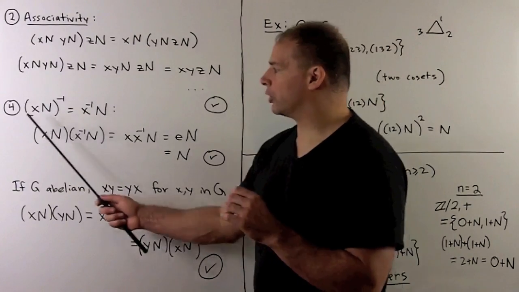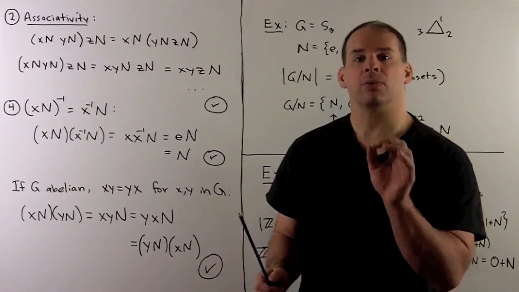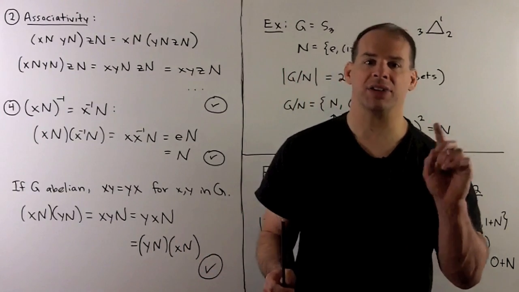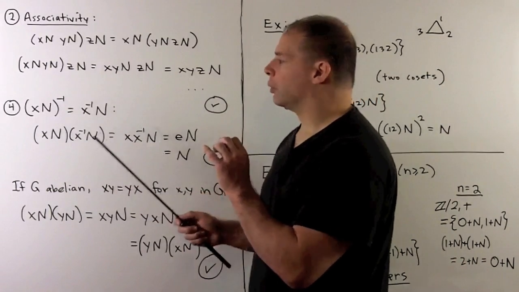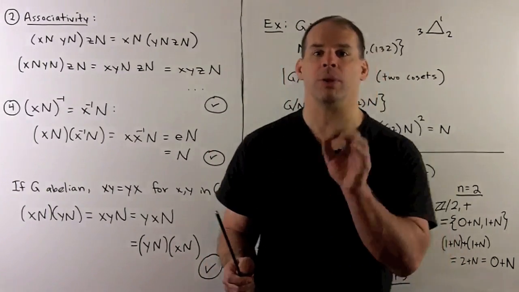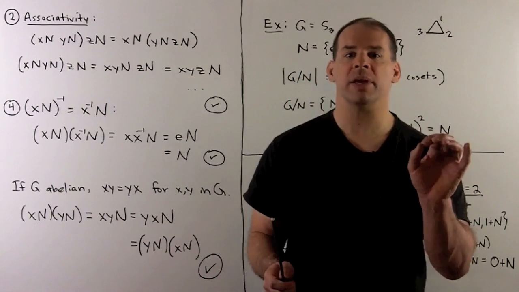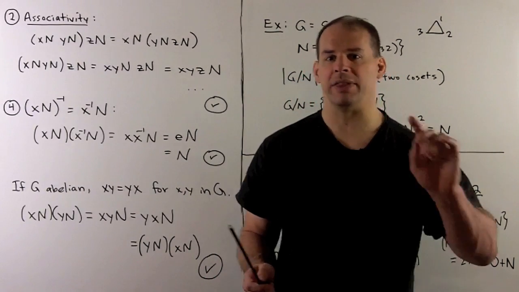Finally, closure under inverses. Our natural guess for the inverse of xn is the coset x inverse n. To show this, we're going to use our trick. If I want to find the inverse of an element, I just find another element such that when I multiply it by the original element, we get the identity.